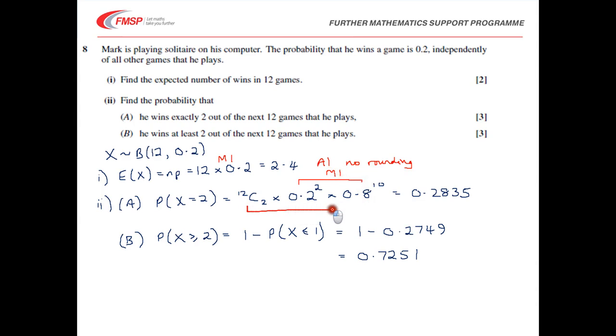There's a method mark for multiplying 12 choose 2 by 0.2 to the something and 0.8 to the something, and an accuracy mark, correct answer only, for 0.2835. For part B, there's a method mark for noticing that the probability you want is X less than or equal to 1. There's another method mark for subtracting that from 1, and an accuracy mark for getting 0.7251.